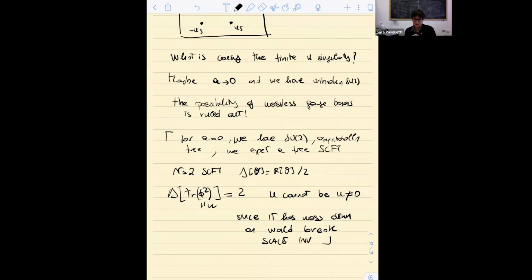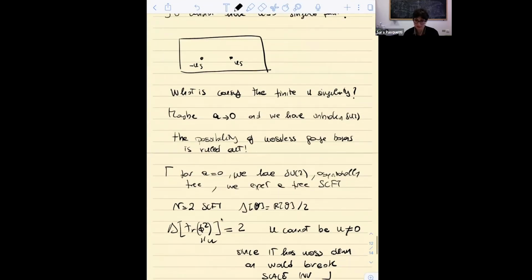And this would spoil scale invariance. So it cannot be that we sit at a point where u is finite, as we are saying here, and we have non-abelian gauge bosons that are driving the theory to a free point, where basically the only fields that would be entitled to be non-zero, without breaking scale invariance, are fields with zero mass dimension.